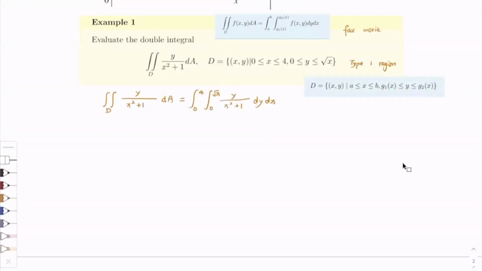For type 2, your x lies in between two functions of y. That's the difference. So when it was type 1, we used this formula to compute it. The rest is just computation. I hope all of you know how to do this, but I'll do it anyway.